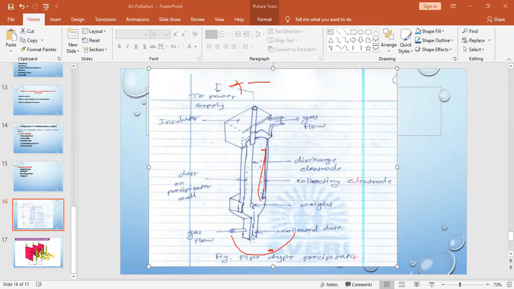Do you have any doubt in the electrostatic precipitator or ESP study? Do you have any doubt?